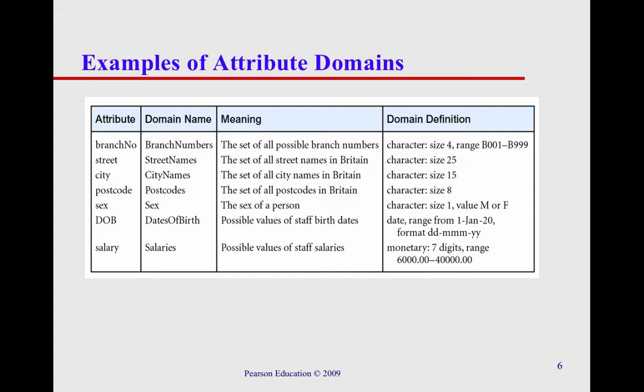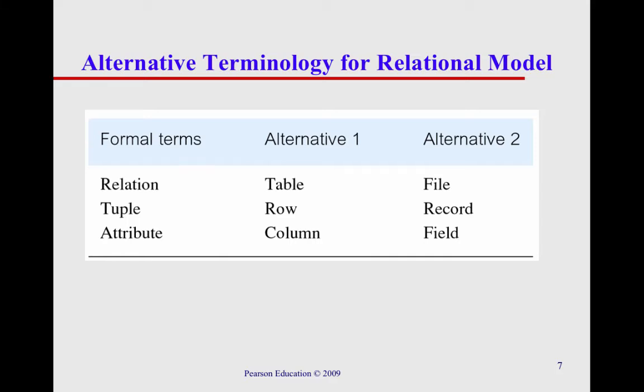But for those of you who are familiar with regular expressions, sometimes DDLs allow you to use regular expressions to define new types. Okay, so with each attribute you have a type. And then there's a number of different ways to refer to the important elements of a relation depending on what view you're taking of it.